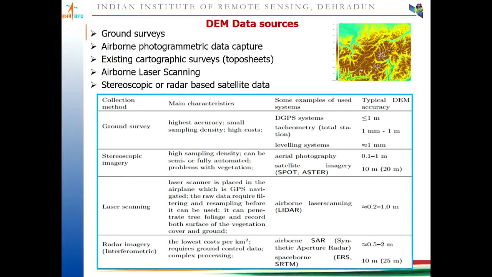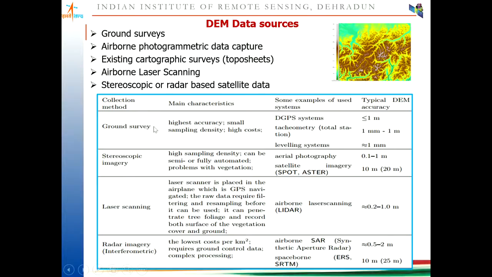We can generate height information through airborne laser scanning, or even microwave remote sensing data, radar-based satellite data, is used in generating the third dimension or height information of the land surface. Today various digital elevation models are available, generated from optical remote sensing satellite data.